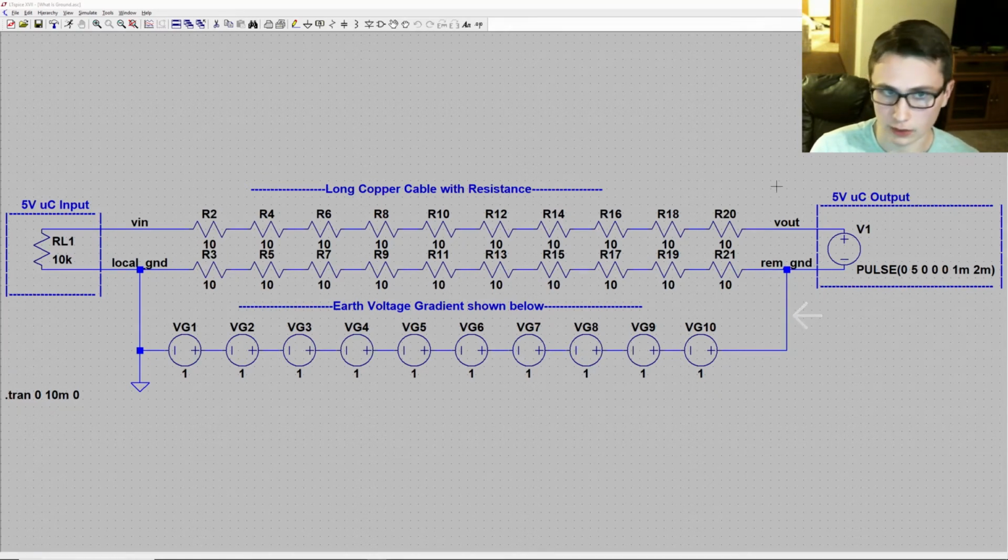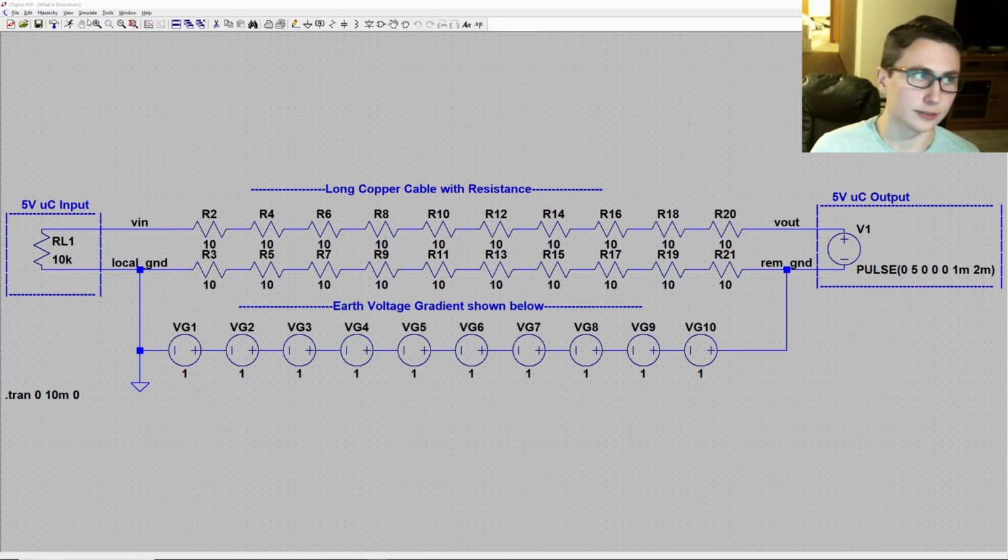This signal is fed through our not ideal wire and eventually comes back to the 5-volt tolerant input of our receiving microcontroller. Where we are, at this point near our receiving microcontroller, is expecting no more than 5 volts with respect to its local ground potential. This local ground potential is labeled with the ground symbol in LT-SPICE.